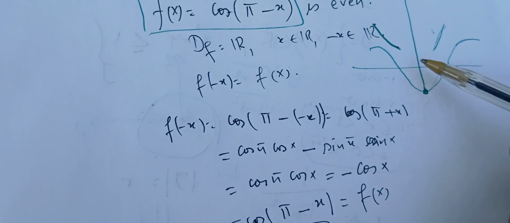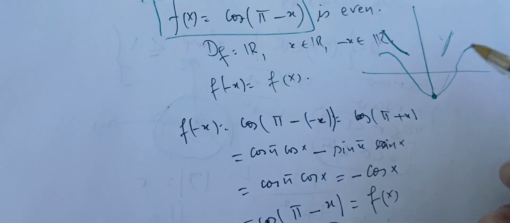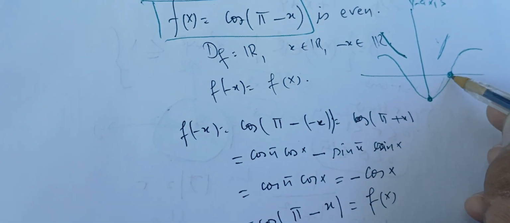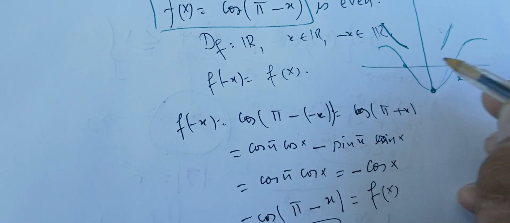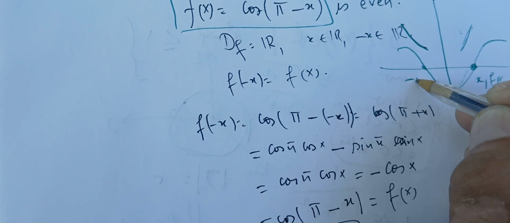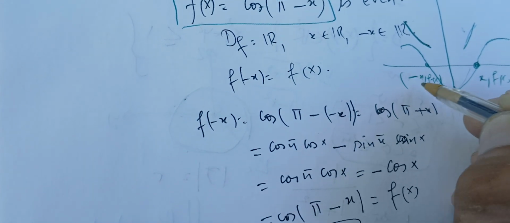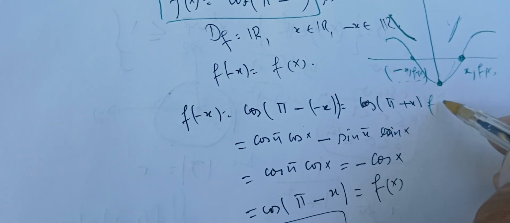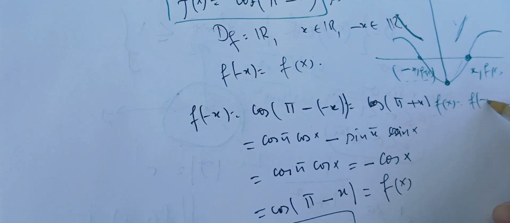Graphically, you can graph it, and you're gonna see that it's symmetric with respect to the y-axis. Therefore, for each x, this is x, f of x, and this is minus x, f of x. So therefore we have f of x is equal to f of minus x.